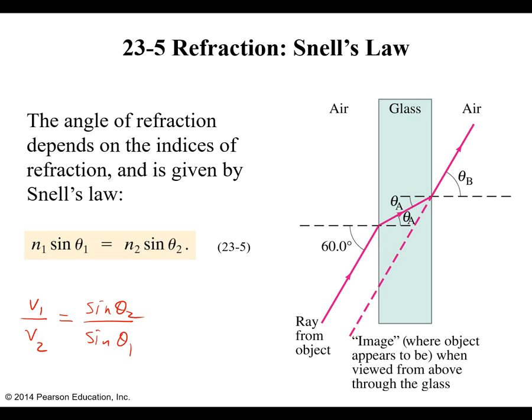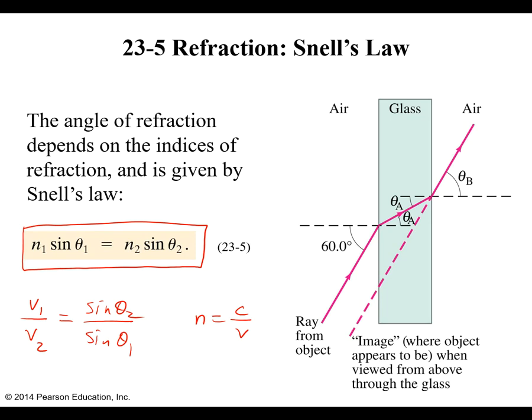But when you apply the index of refraction equation, that n is equal to c over v, then you can easily solve that and you end up with this equation, which is that n1 times sine theta 1 is equal to n2 sine theta 2.